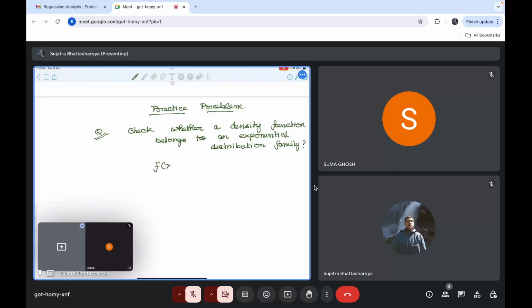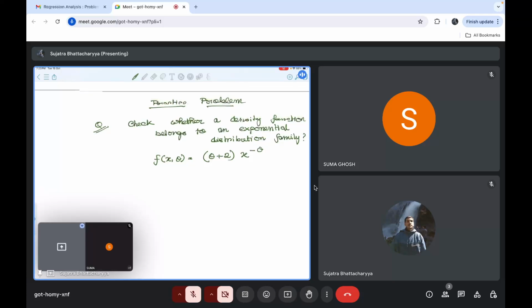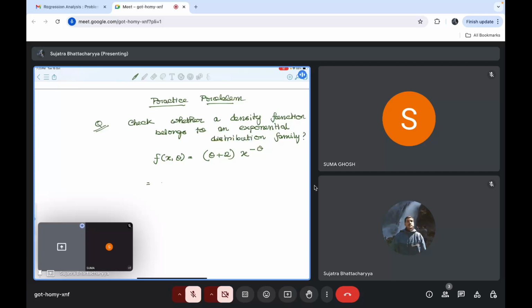It is f of x comma theta, which is (theta plus 2) x to the power minus theta. This is the question. So what is the first step? The first step is that we will always try to write this in terms of the exponential bracket. Can we write it? No exponential functions are given in the density function, so we have to create our own. Some way we have to generalize it to put it in this exponential bracket. Let's do it. One term is log of (theta plus 2), we can clearly see. Another is minus theta log x.